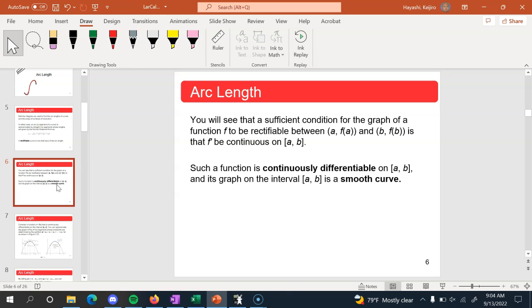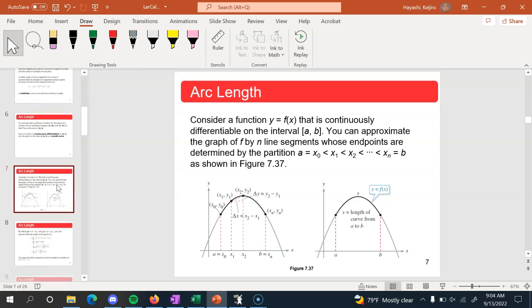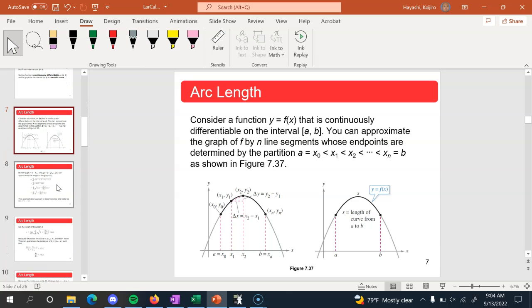Okay. Don't worry about continuous differentiability or a curve being smooth. This is sort of the same thing as what I showed you earlier.